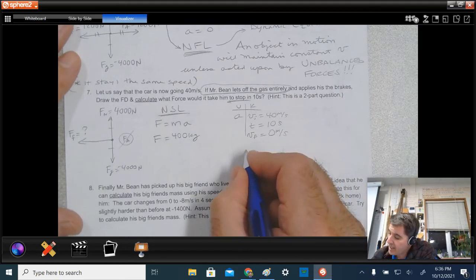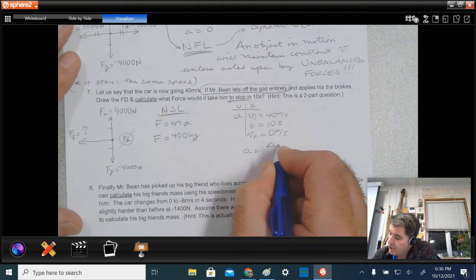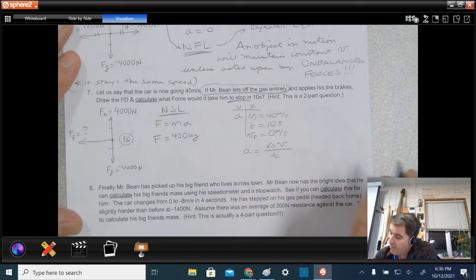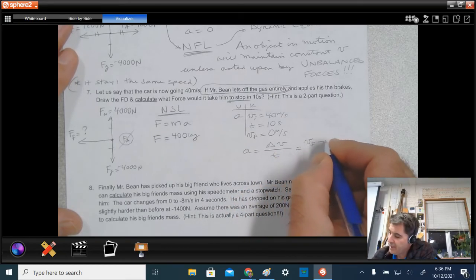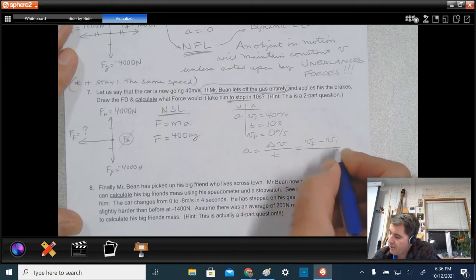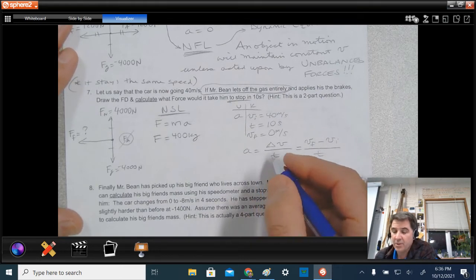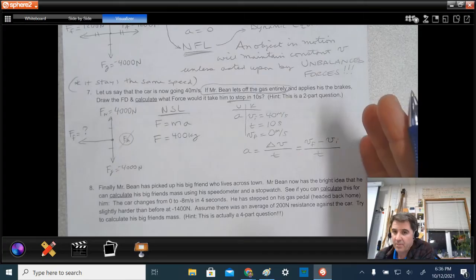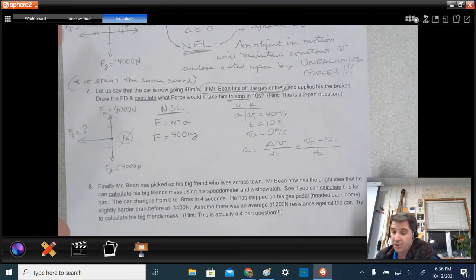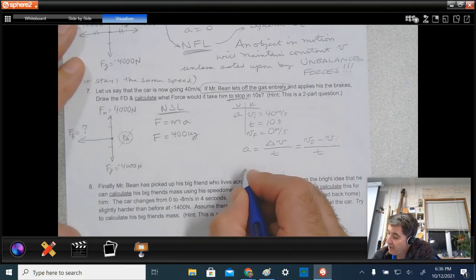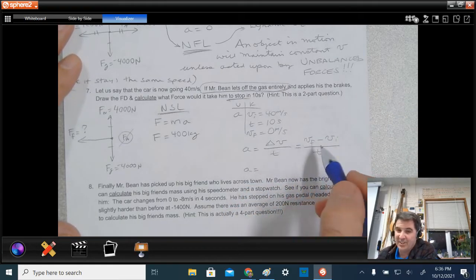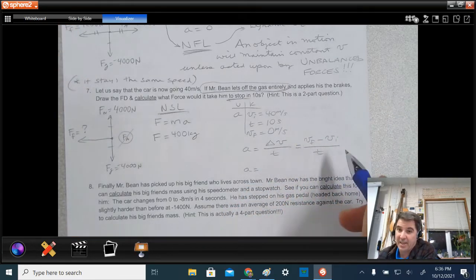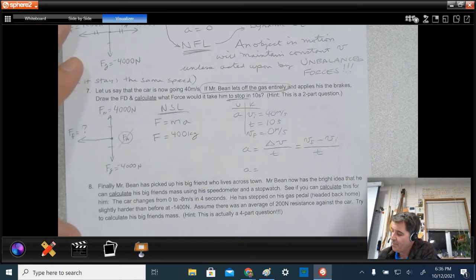A is actually equal to change in velocity over time. Change in velocity is defined as final velocity minus initial velocity, over time. This is equation 2. It's on your equation sheet. It looks like there are two different versions, but it's the same thing. You've got to know that this is this.